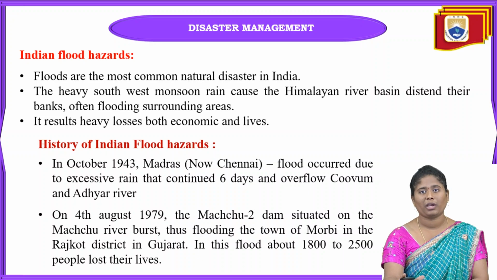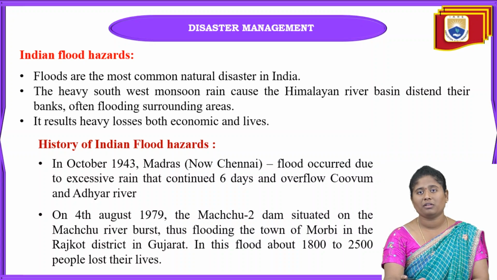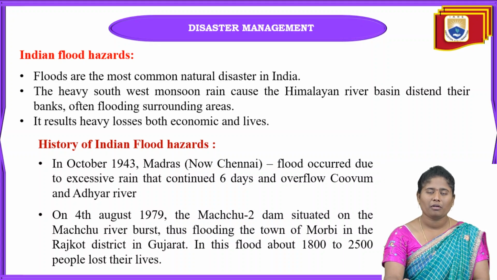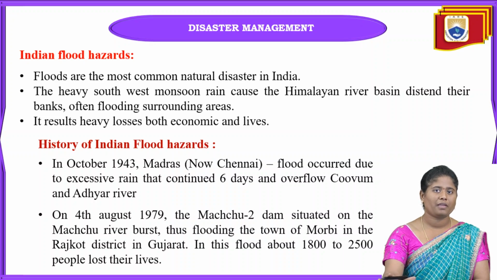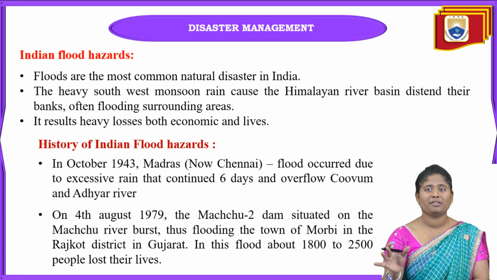Mostly in our India, the Uttarakhand region is called the flood prone region. Why? Because most of that area is covered with the Himalayas. In the spring season, the Himalayan region is covered with glaciers and ice blocks.